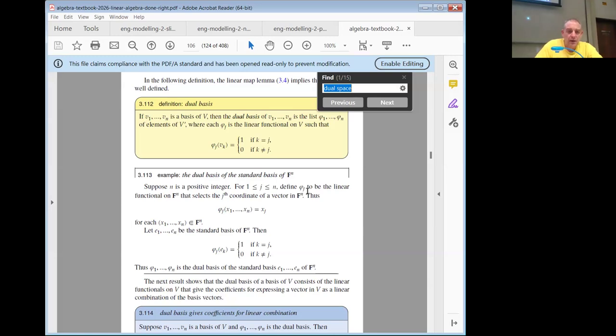What I want to write is, I'm just going to write down what they had, that phi j of vk is 1 if k equals j and 0 if k is not j.